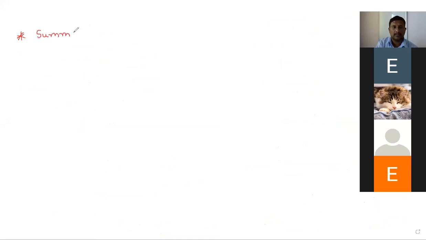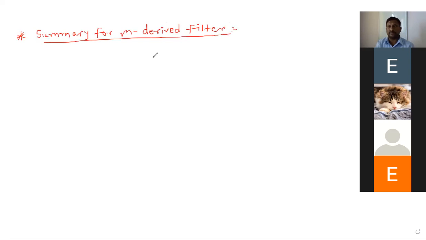Summary for M derived filters. We can discuss it in tabular form, as we already did for constant K type. So for the summary of M derived filters, I will take a serial number column, then constant K type and M derived.